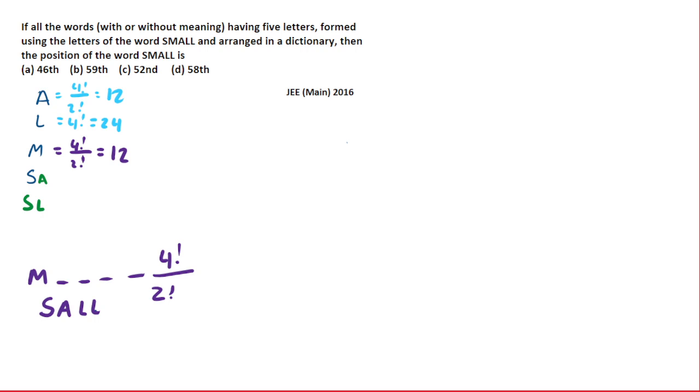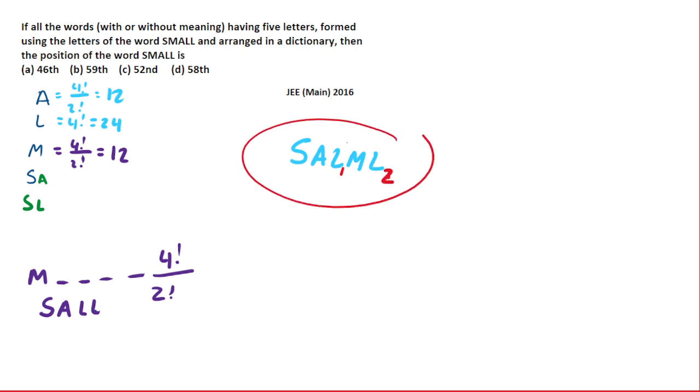So let me just pick a random word using the 5 letters. And these 5 letters are the ones we're using now. And let me just label this L1 and L2. If we just wrote 4 factorial, we would be counting this, and we would also be counting S, A, L2, M, L1.